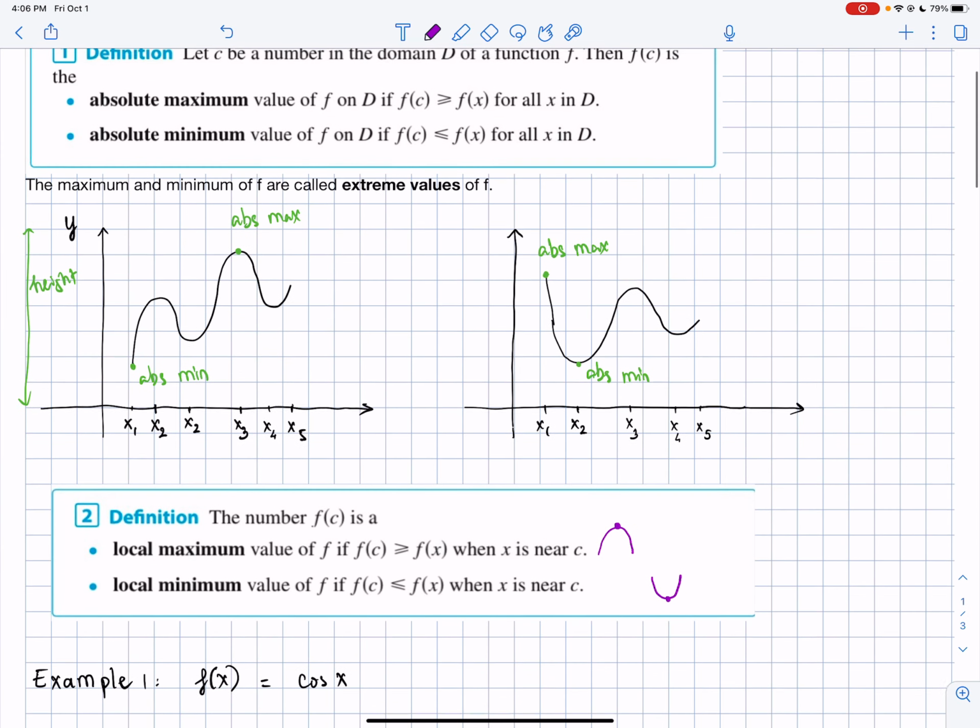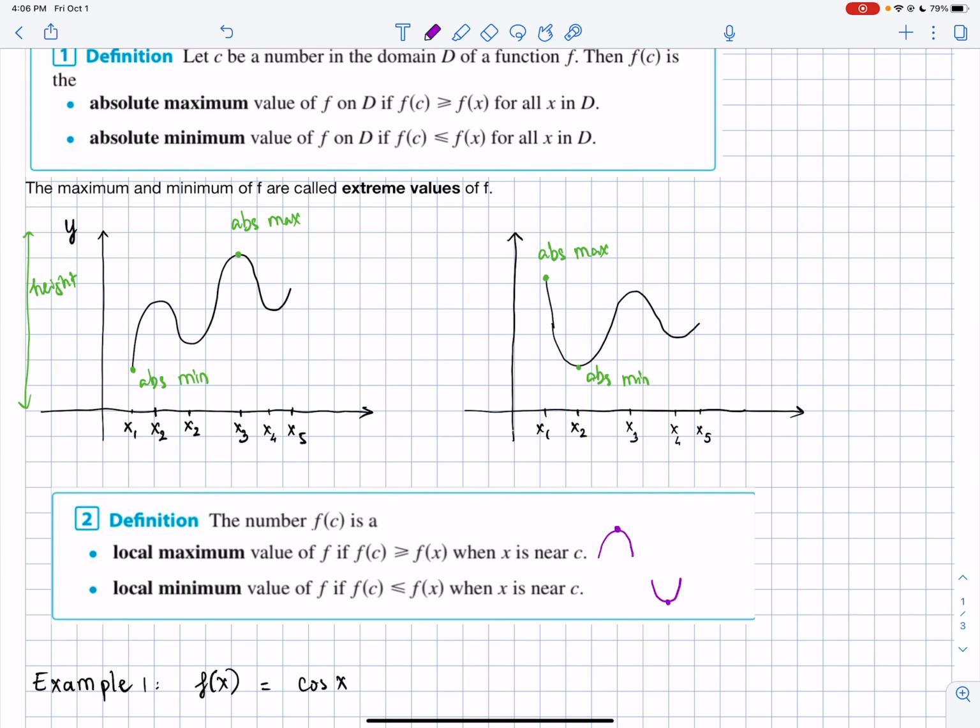So go back to the graph above. This is the mountain right here. You see this? So this point right here will be a local max because we have the top of the mountain. And this point right here at x equal to 3 is also a local max.